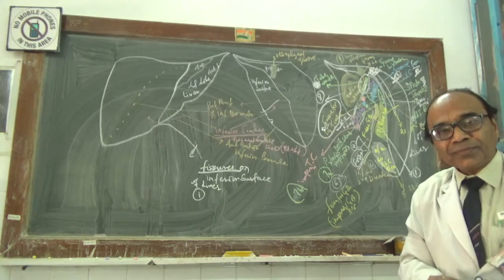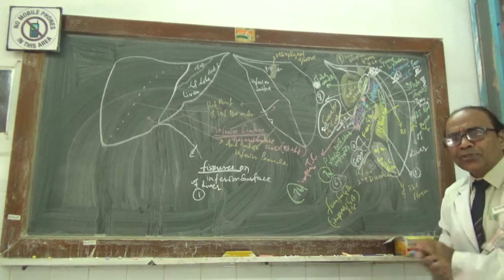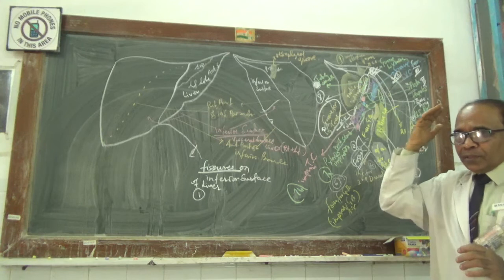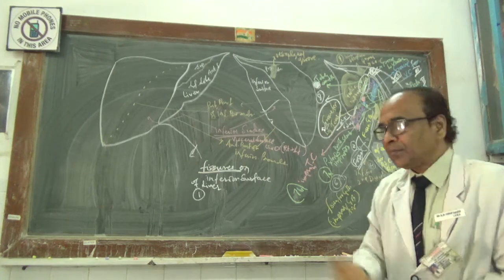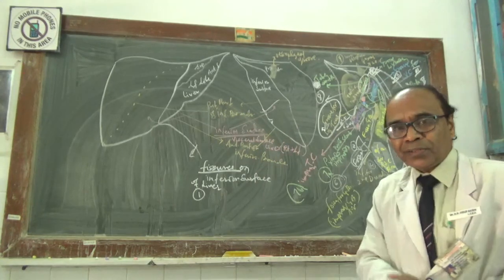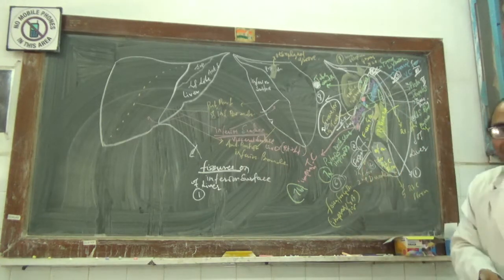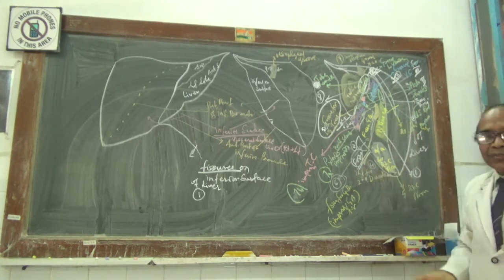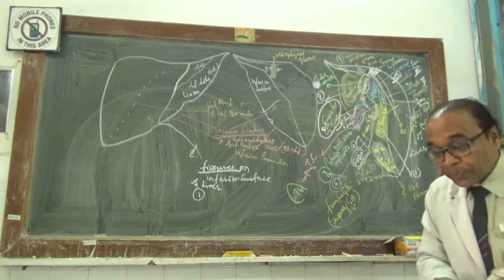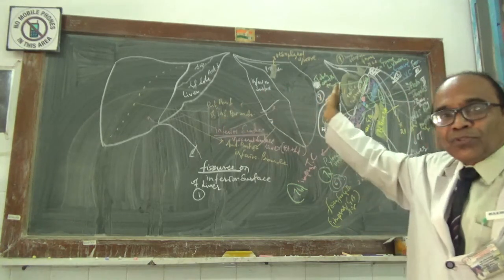So we have finished the gross anatomy of the liver: its weight, its lobes, its surfaces, its borders. While telling the surfaces, I have already completed the relations for the diaphragmatic surface, for the right lobe and left lobe.